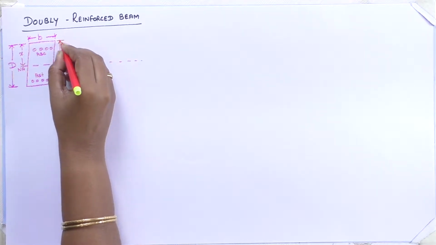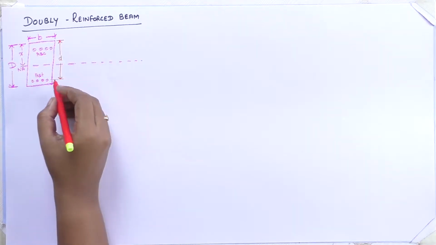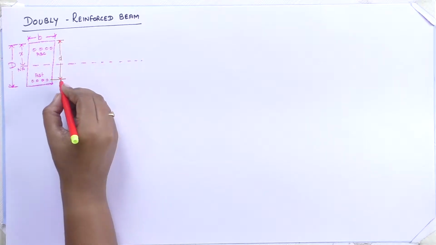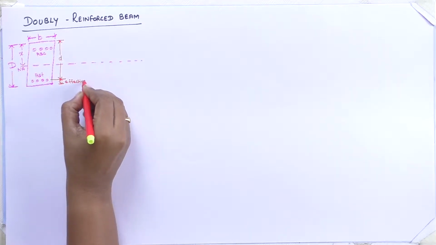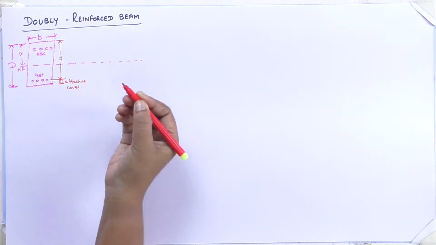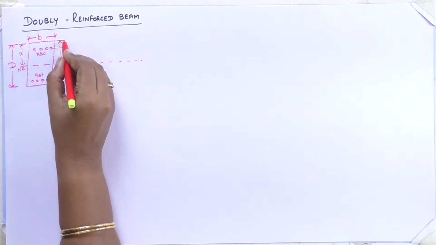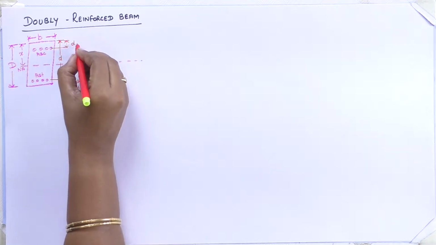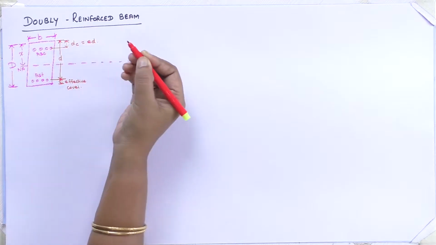This is from the top to the centroidal line of the steel. Up to the centroidal line of the steel, you can call it the effective depth of the beam. Below this, you can call it the effective cover. What is meant by the centroidal line from the top fiber? This one you can call DC, which is equal to E into D.